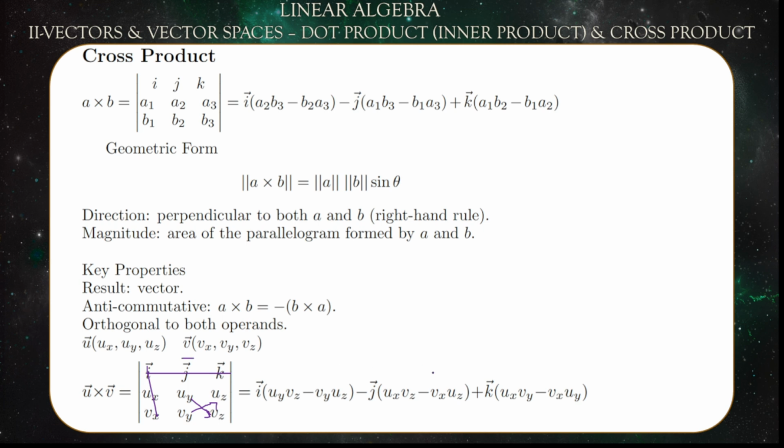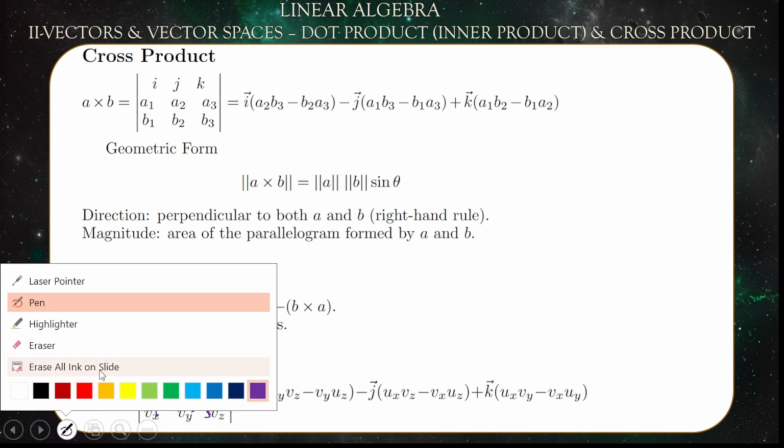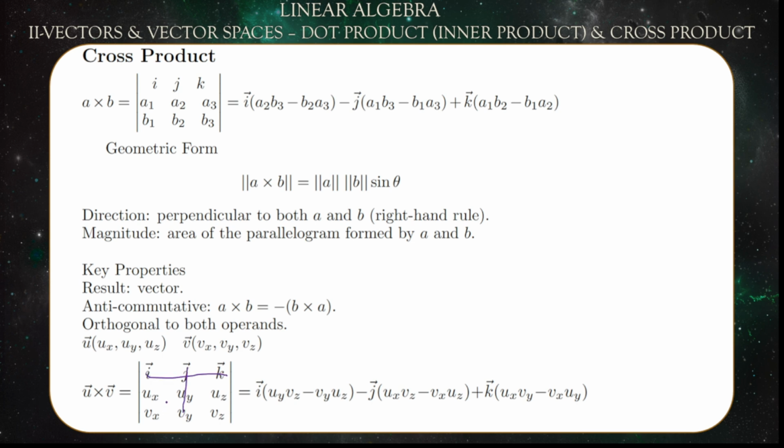Then here you have a minus sign, minus J multiplied by Ux, Vz minus Vx, Uz. Finally K, plus sign, only minus in the middle. So plus K times Ux, Vy minus Vx, Uy.